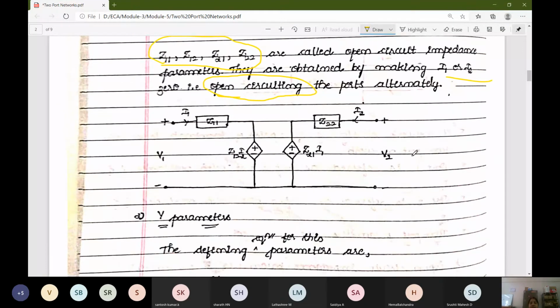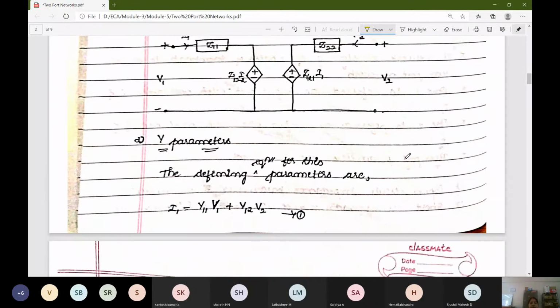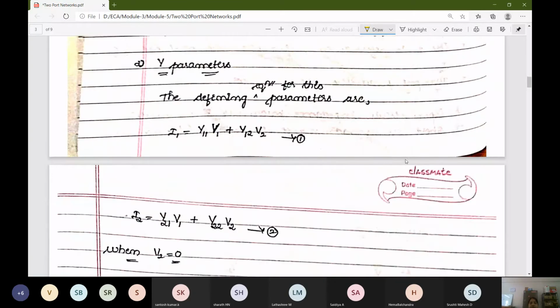This is the circuit diagram for Z parameters. V1 and V2 are written here, I1 Z11, I2 Z22. Here we have Z12 I2 and Z21 I1, the voltage sources written here. This is the circuit for Z parameters. Next we move on to the definitions for this.